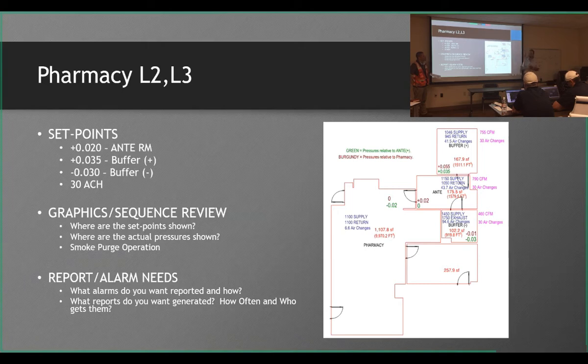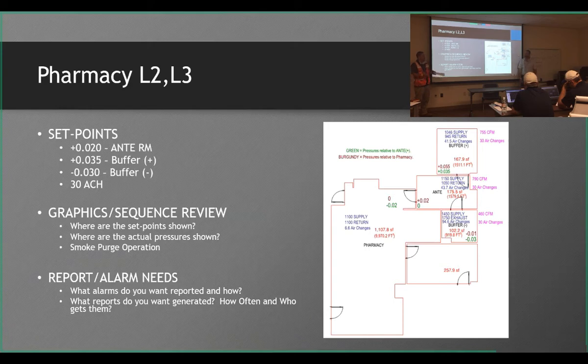If you ever went back and looked at the original drawings and put it back at 1046, you may start having problems with your pressure control, just because we had to drop some things. And same way on the 3rd floor, we didn't change it very much, I don't think on either one, but it's not this number.